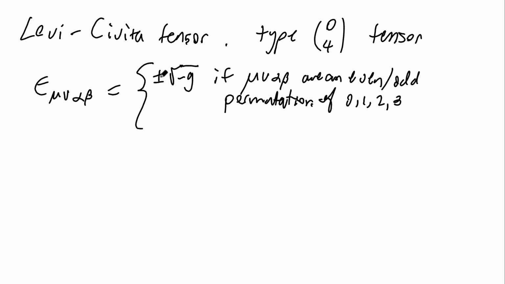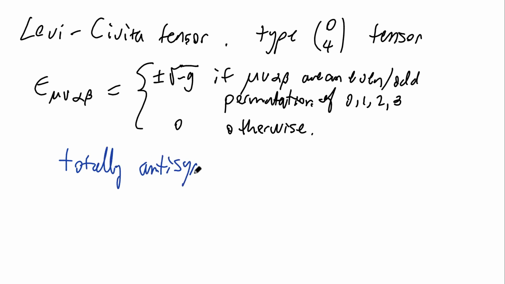So even goes with the plus sign, odd goes with the minus sign. And if these indices are not a permutation of the numbers 0, 1, 2, and 3, then it's equal to 0. So 0 otherwise. Notice that the Levi-Civita tensor is totally antisymmetric, meaning if I swap any two of the indices, I pick up a minus sign.